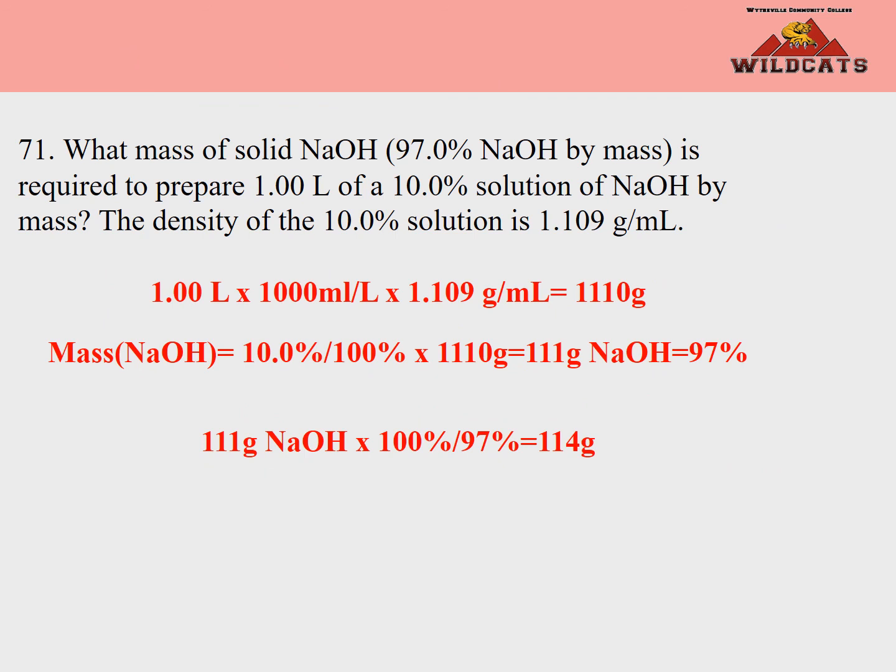So this says, what mass of solid sodium hydroxide is required to prepare 1 liter of a 10% solution of sodium hydroxide by mass? The density of the solution is 1.109 grams per milliliter. A lot going on, but let's start out with the density.